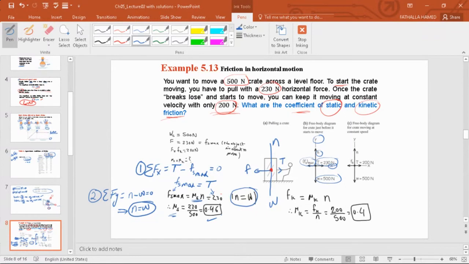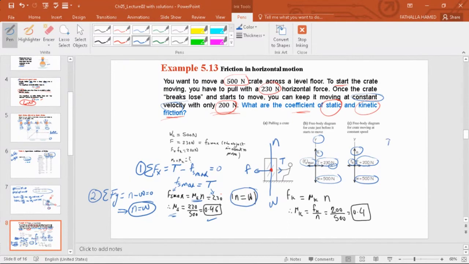Now, in the case when I want to look at calculating the coefficient of kinetic friction, they gave me a condition where you're going to be moving with constant velocity, and constant velocity means a equal to 0. So again, you have the weight, you have the normal force, the tension, in this case it's 200 newtons, and opposite to that is the kinetic friction force.